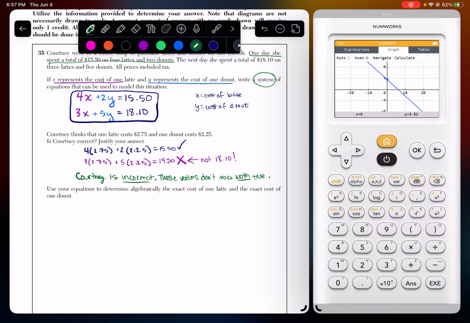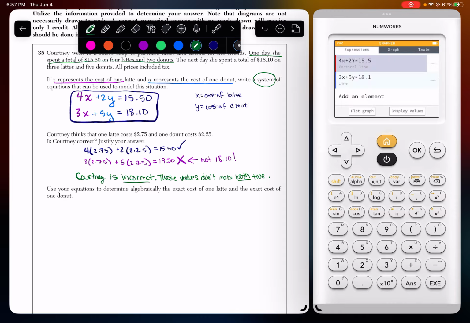So there's my system. If I graph my system, why don't I see one of them? Ooh. I think I messed up that y. There we go.